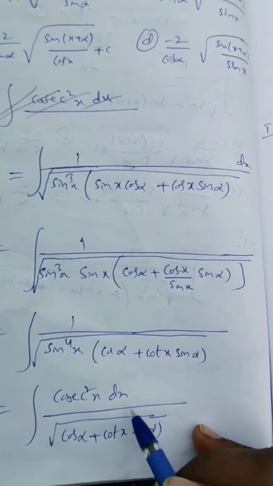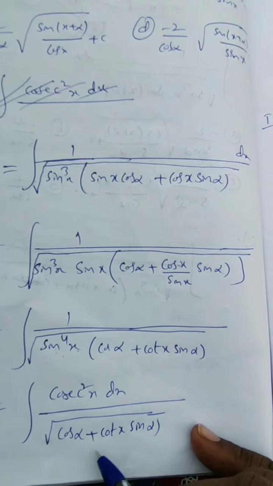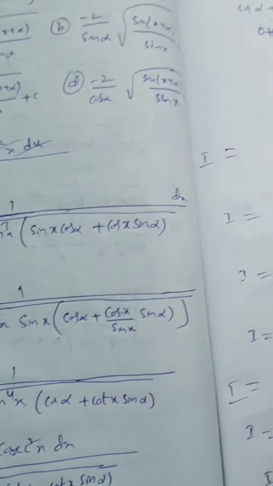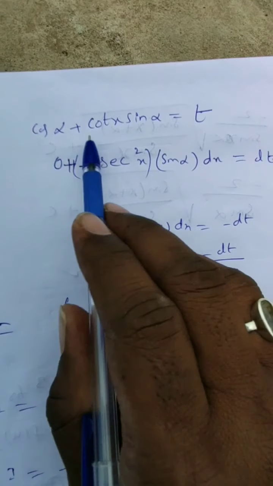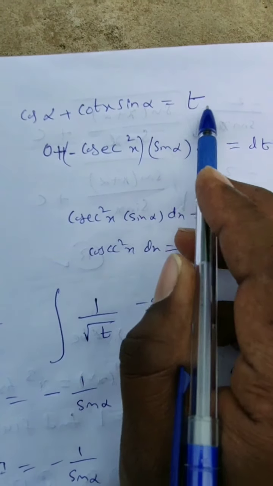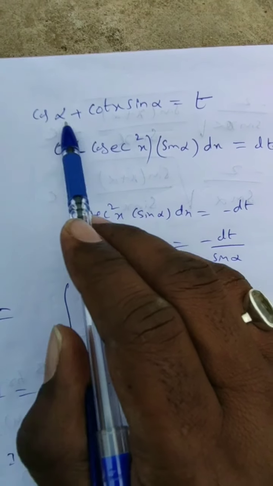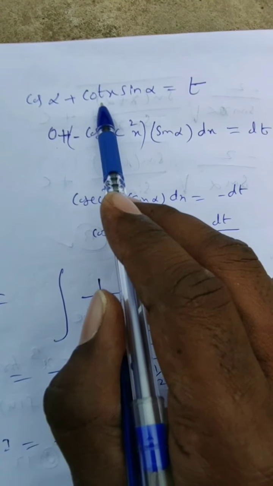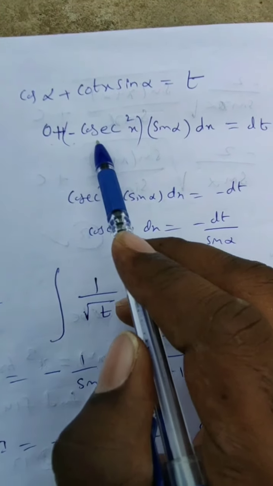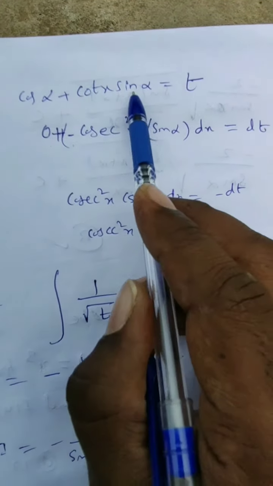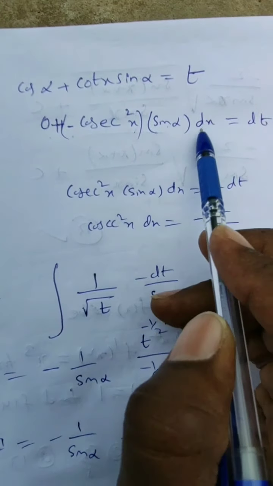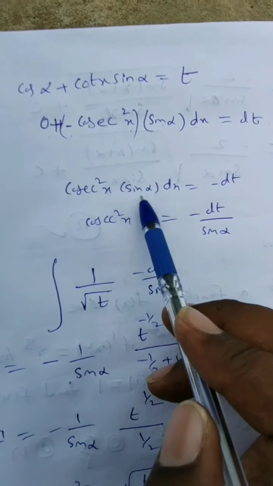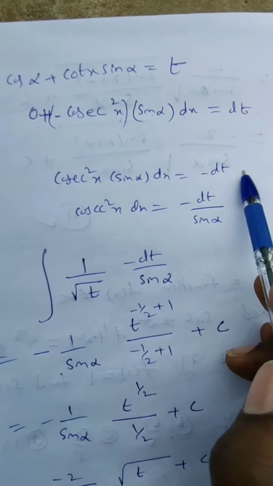Now I take the denominator under root as t. Let cos alpha plus cot x into sine alpha equal t. Sine alpha is a constant, the differentiation of cos alpha is 0, and the differentiation of cot x is minus cosec square x, so cosec square x into sine alpha dx is equal to minus dt.